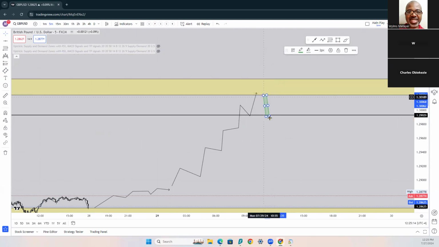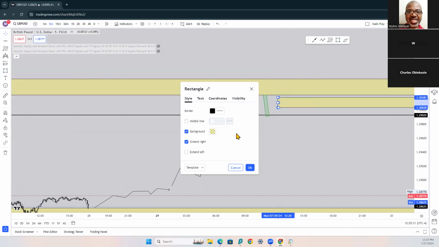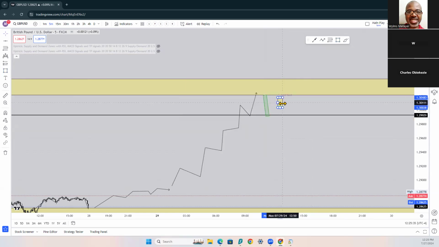We want to look for a bearish engulfing candle. So it'll be a small little candle. Okay, I want to do one of these numbers here.